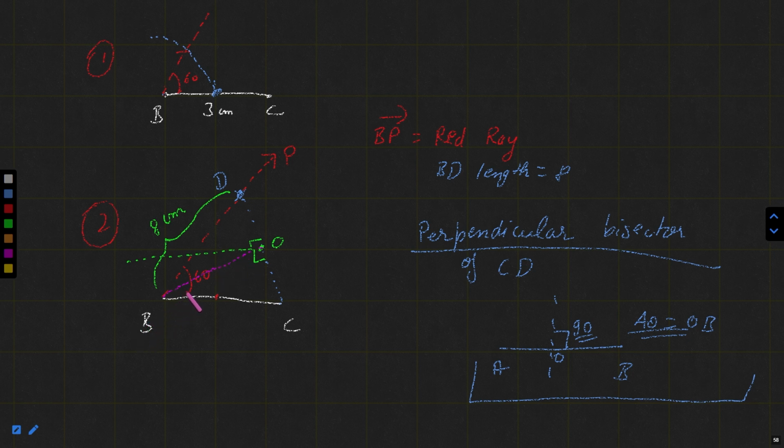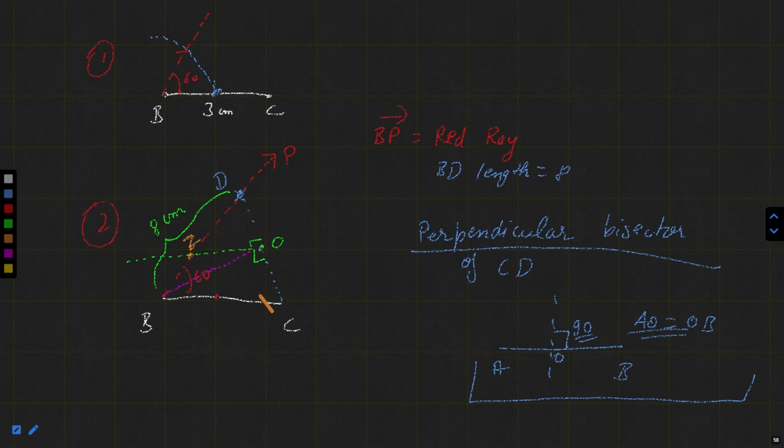Now let's see, suppose this line and the red one intersect. If you see the green line or ray intersect the red one, name it point Z. I hope the diagram is clear.